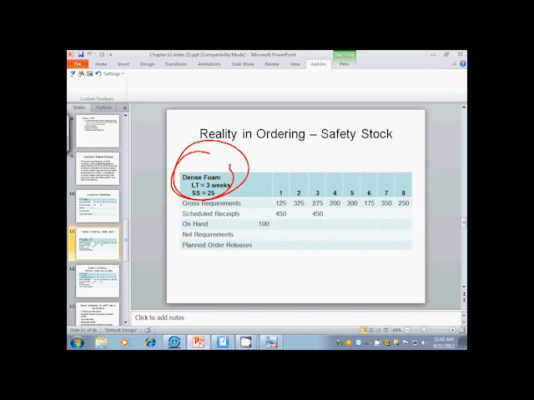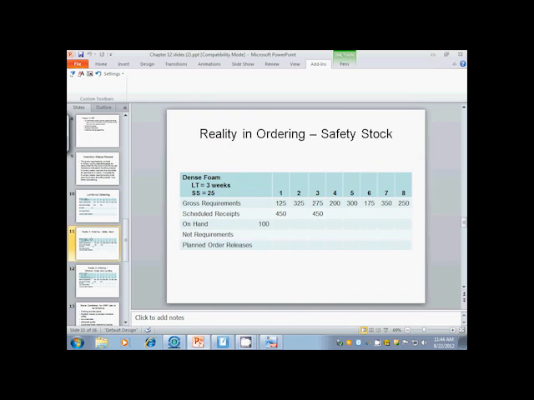It's just different people call it different things. So looking at the safety stock of 25, that means on hand, this line can never go below 25. It always has to say there are at least 25 units there. So we need to take that into consideration now as we are going through our problem.